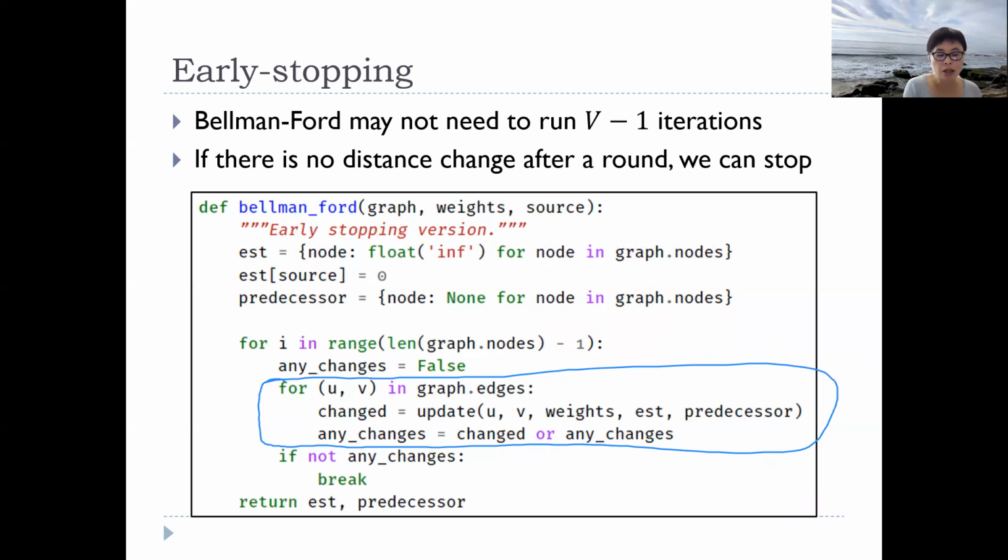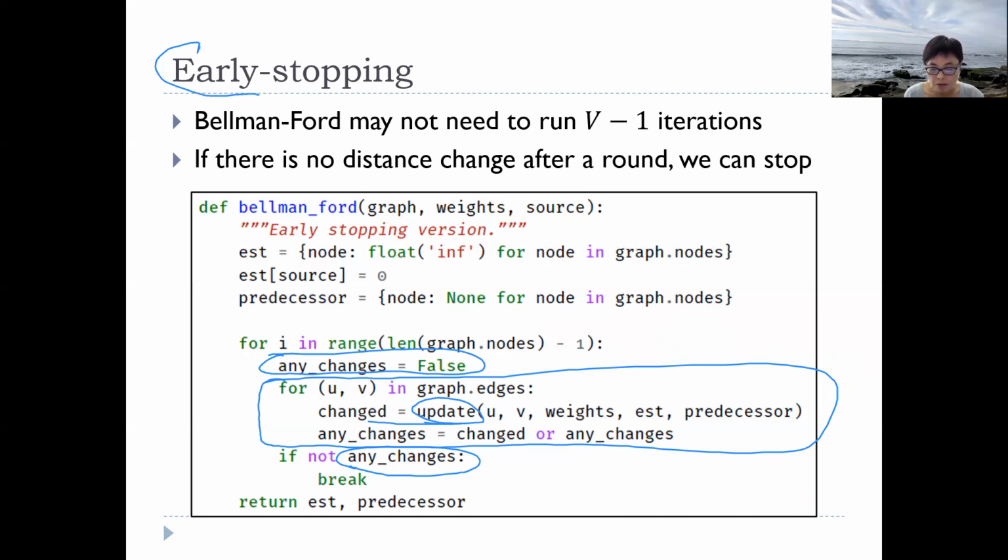So this is the so-called early stopping idea of Bellman-Ford. I don't have to run v minus 1 rounds. What I can do is have a flag to track. At the beginning, this flag is false. If any update happens, then the flag becomes true.